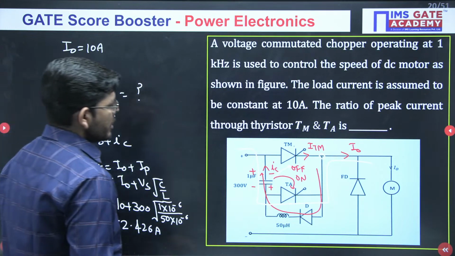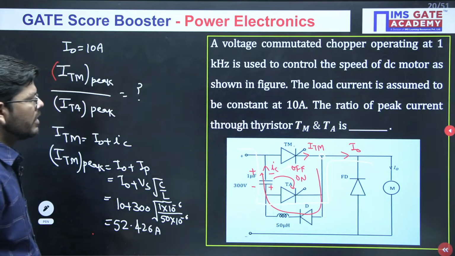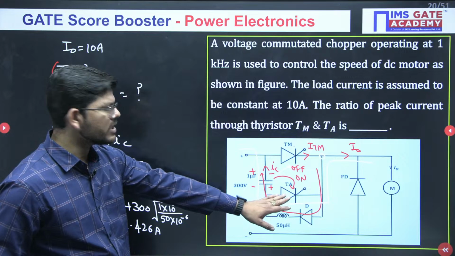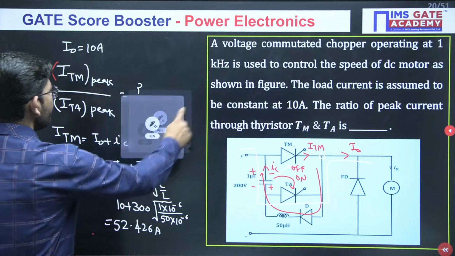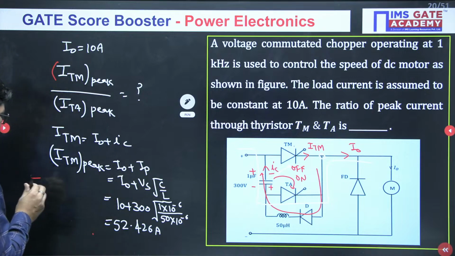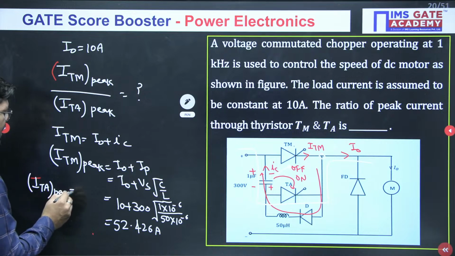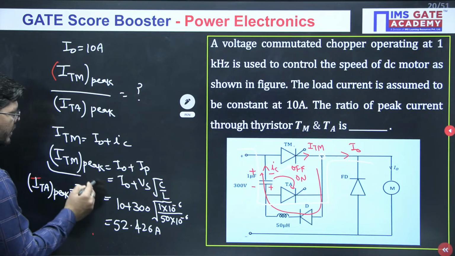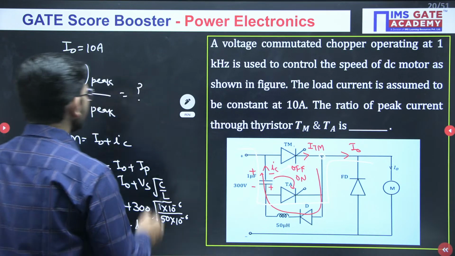So what could be my current across ITA? If I talk about the ITA peak current, it will be nothing but the I naught current, which is given to us.